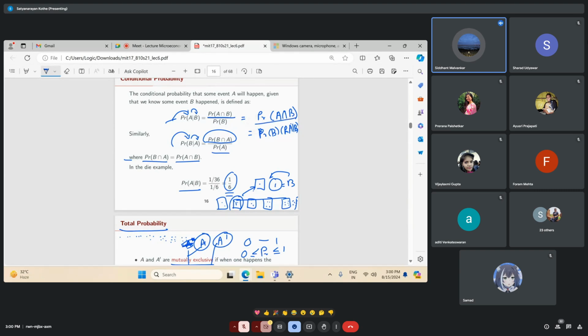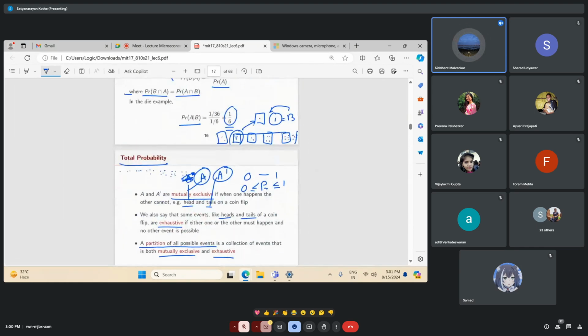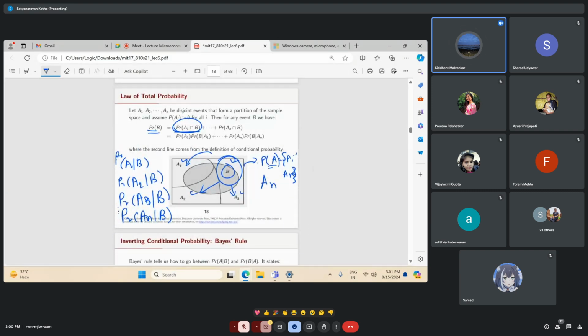So the probability of A intersection B is the probability of B times the conditional probability of A. This ratio is equal to this, because I made this the numerator and shifted it to the left hand side, and we got the probability of A intersection B. So the probability of A intersection B is nothing but the probability of A times the probability of B given A.